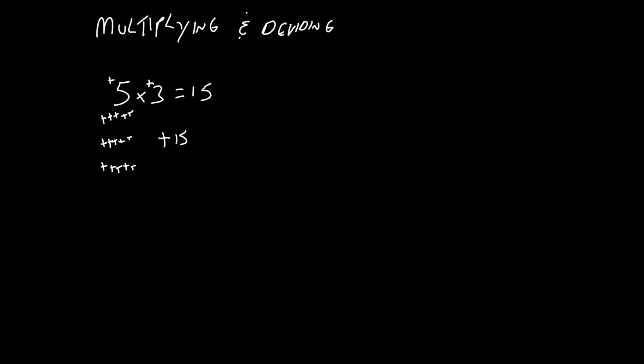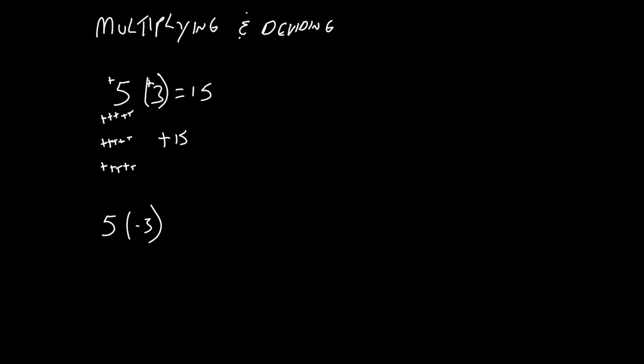When I multiply signs that are different, 5 times -3, I prefer to use the parentheses instead of the x multiplier because of the confusion that the x can bring during algebra.